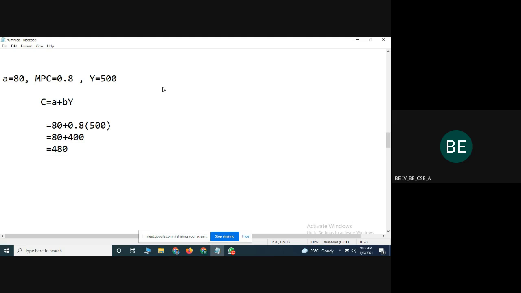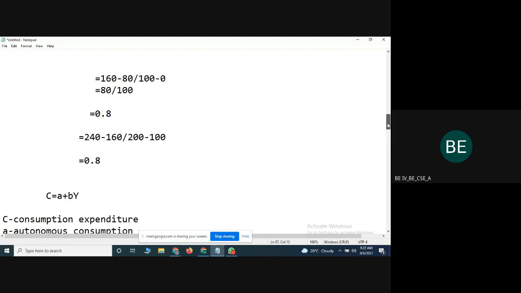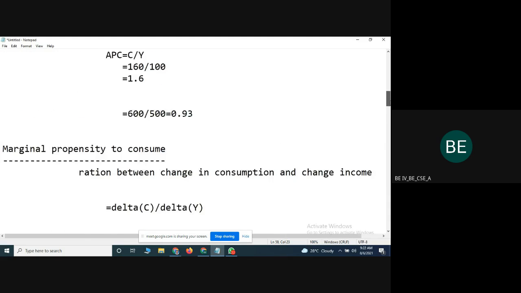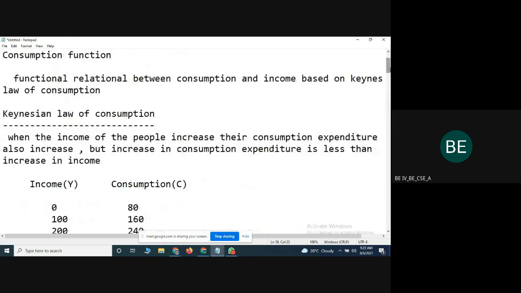Suppose the person's income is 500 rupees, he is going to spend an expenditure of 480 rupees. This is the concept of the consumption function.